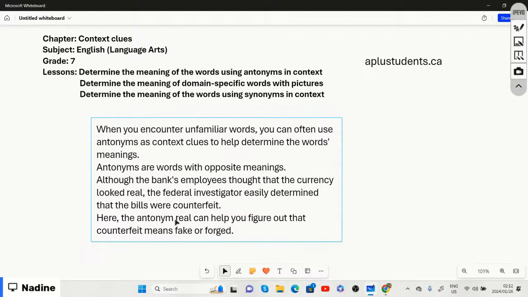So when you encounter unfamiliar words, you can often use antonyms as context clues to help determine the words. It can basically be any words, as long as you're making meaning of the words by using antonyms, which are words with opposite meaning, to get to what you think might be the meaning of the word.